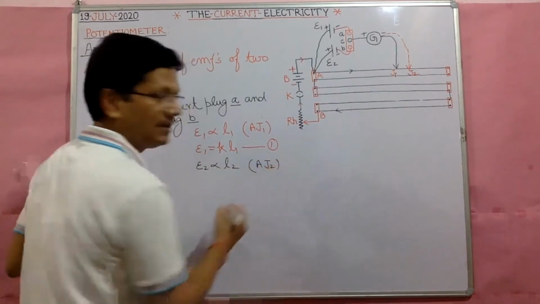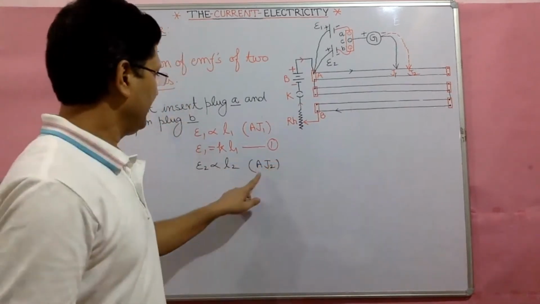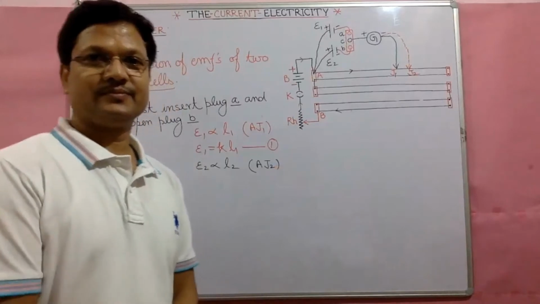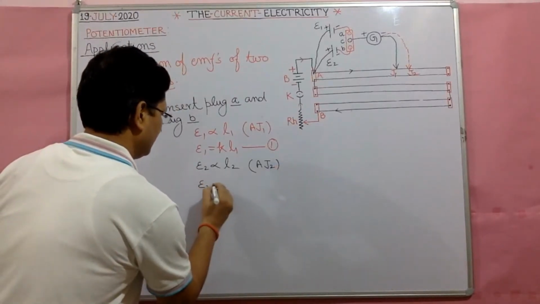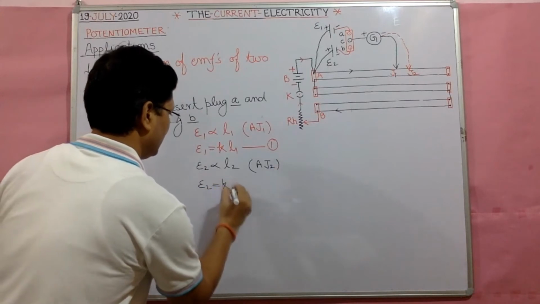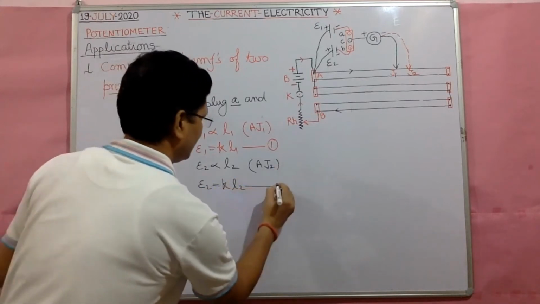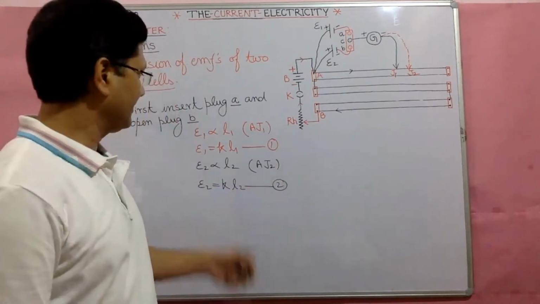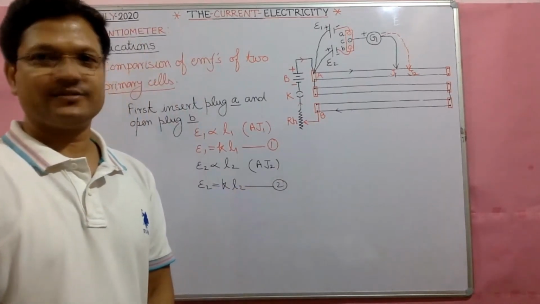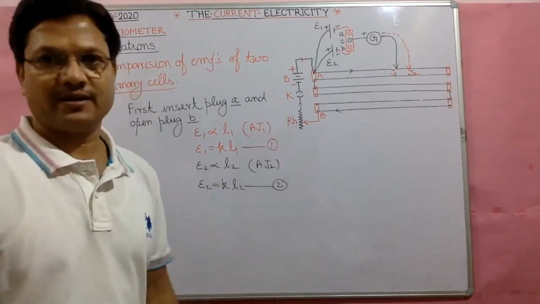This time the length is AJ2. E2 is equal to K L2. This is equation number 2, where again K is the potential gradient for the potentiometer wire.